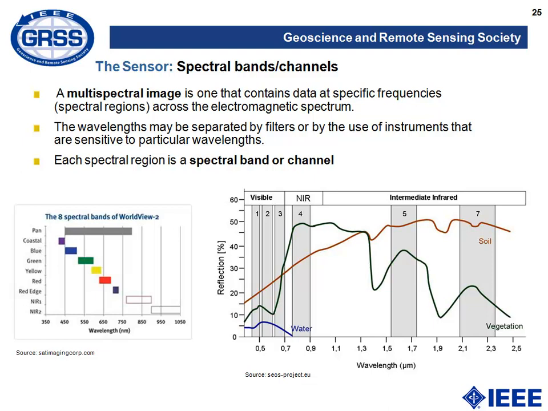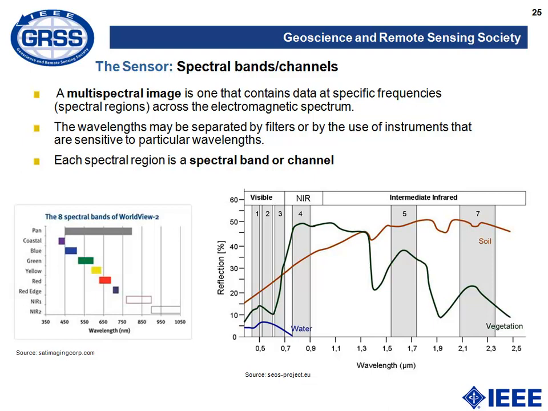The wavelengths may be separated by filters or by the use of instruments that are sensitive to particular wavelengths. Each region is a spectral band or channel. The spectral resolution, or the number of spectral bands, becomes a key issue in terms of usability and applicability.